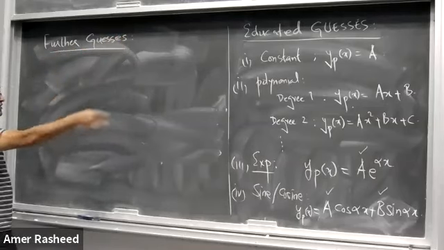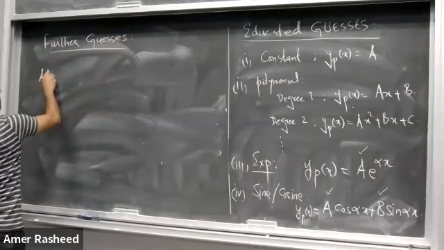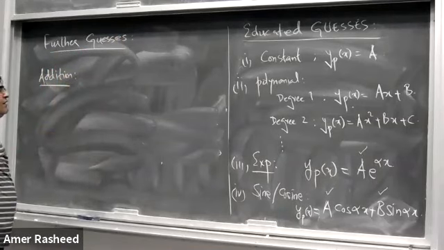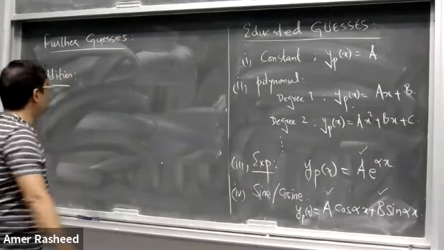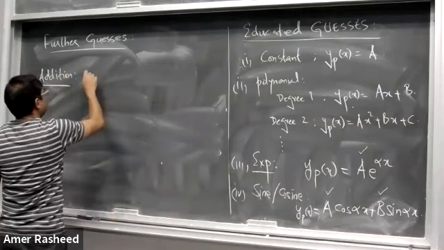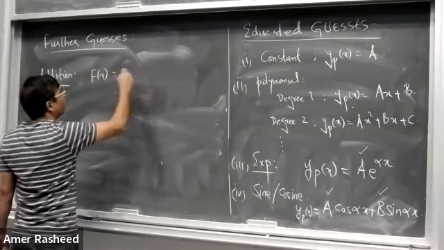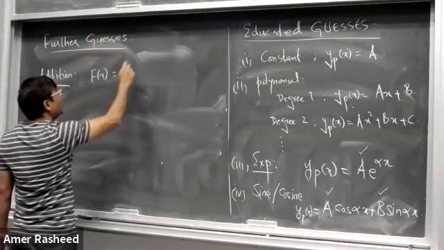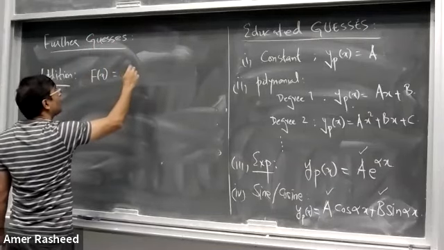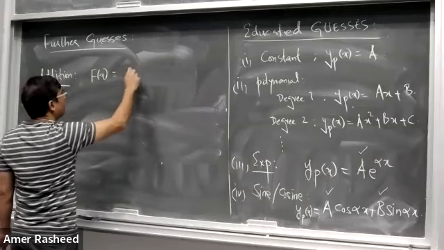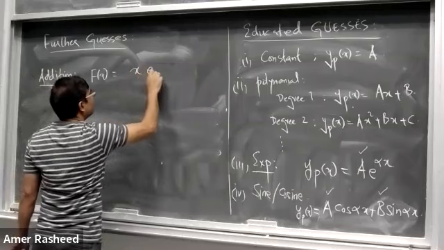In case of addition of these two kinds of functions, for example, the right-hand side f of x is the sum of a first degree polynomial, maybe, for example, if it is x e raised to the power 3x.